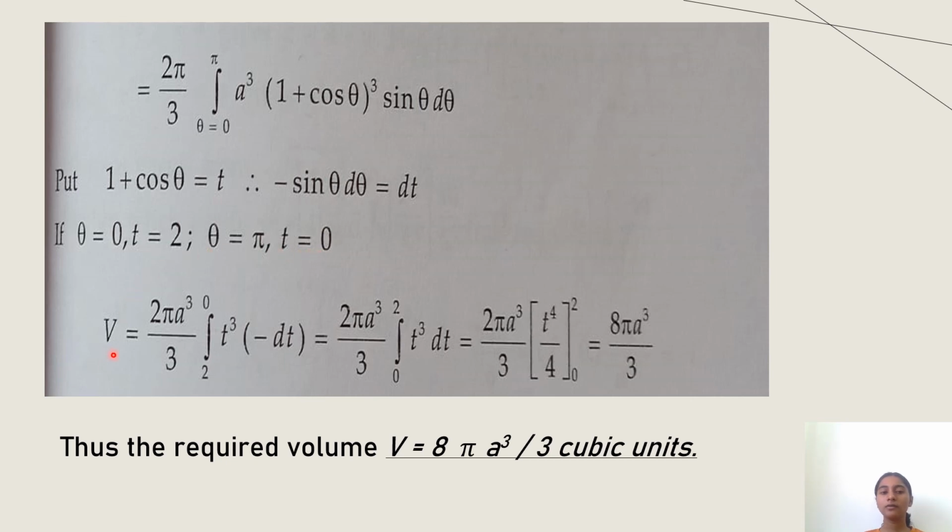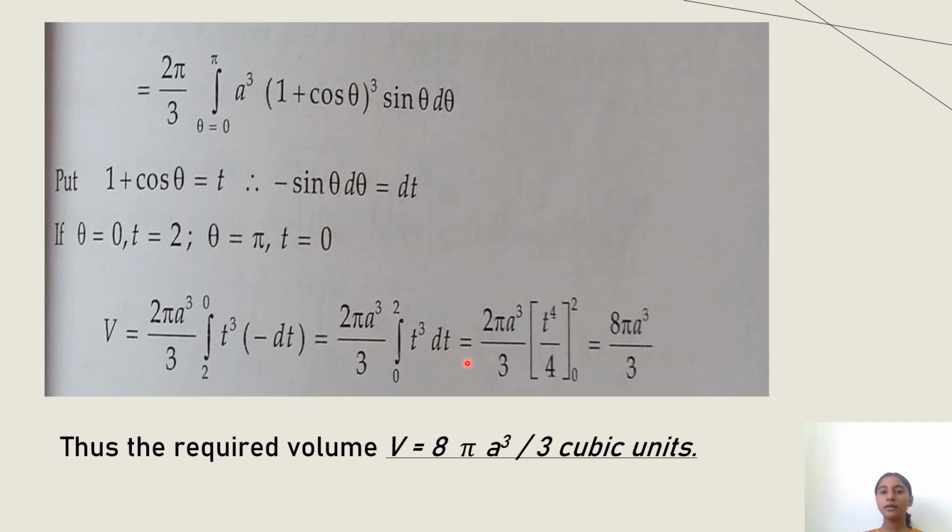So we will get V equals 2 pi a cube by 3 integration of t cube into minus dt from 2 to 0. Then here we will exchange the limits. Then we will get 2 pi a cube by 3 integration of t cube dt, and the limits are from 0 to 2.